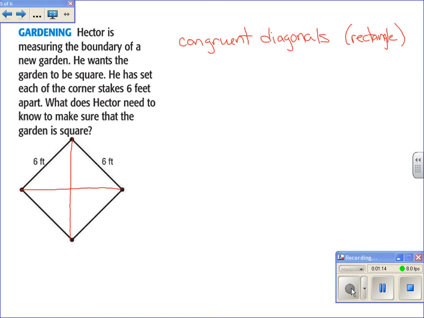Now, if we knew that, we'd have a rectangle. We also have to prove that we have a rhombus. Well, I know that all rectangles are parallelograms.